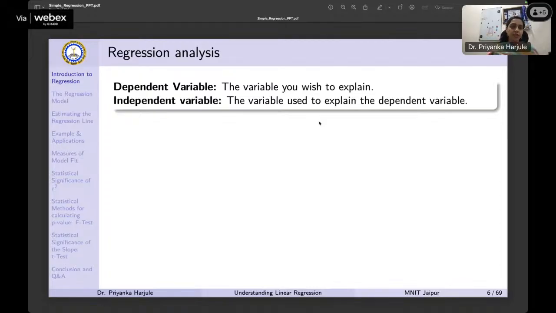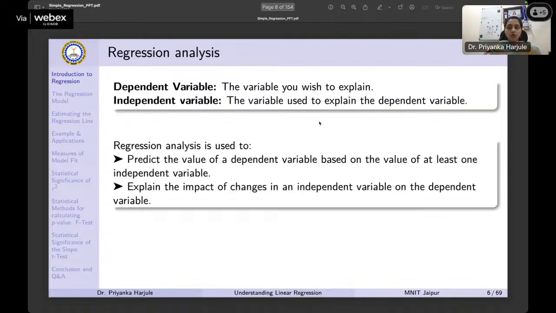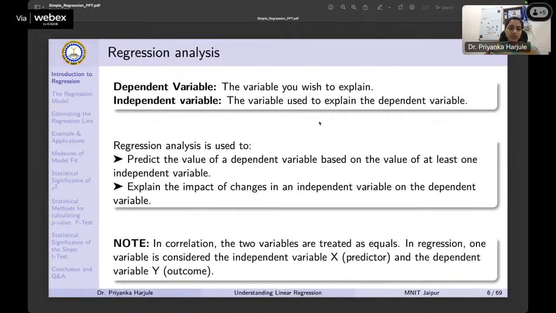In this case, the dependent variable is the variable that we want to predict. There may be one independent variable, there may be multiple independent variables.